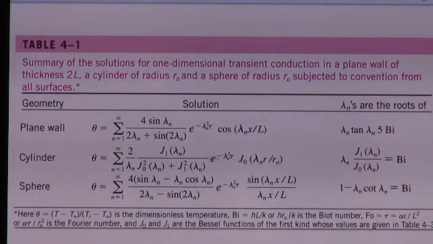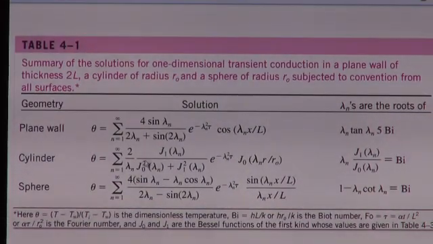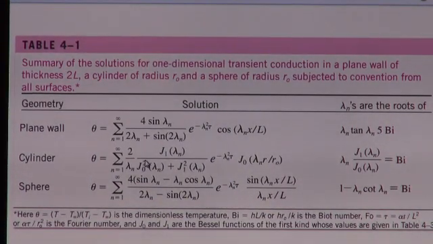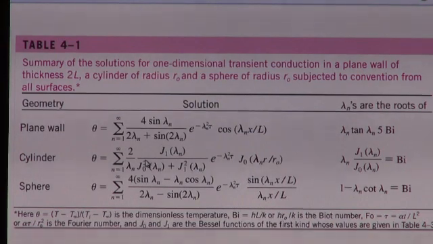Do you agree? So that is the equation for the cylinder. Now, ladies and gentlemen.